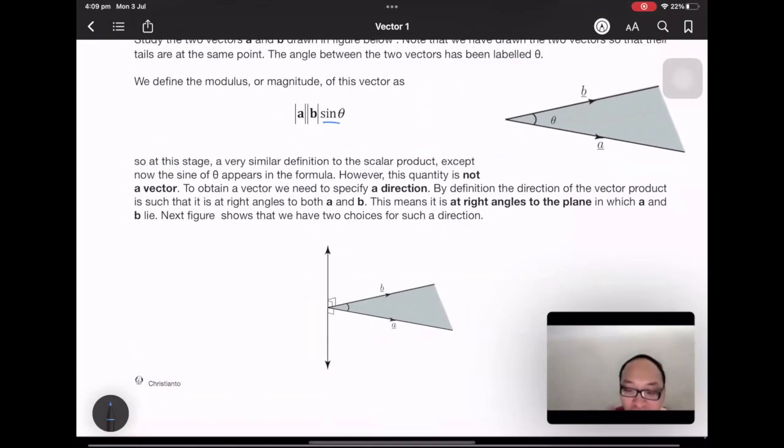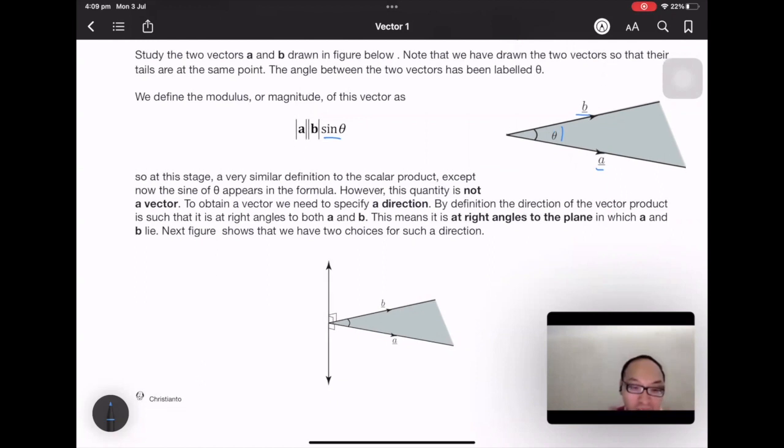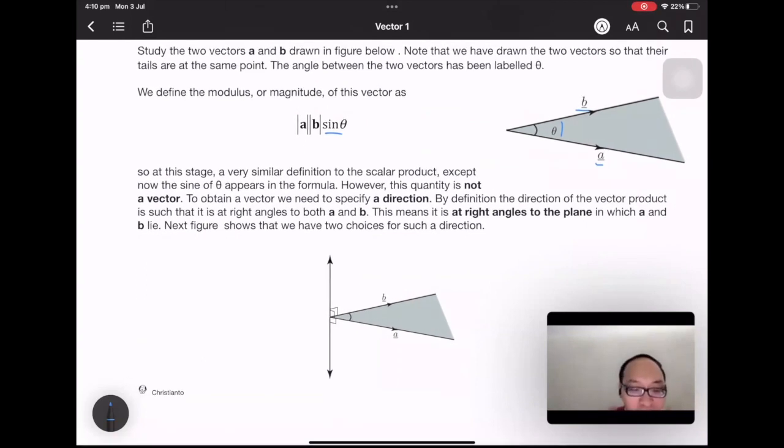For example, we have vector A and vector B, and an angle between them. So we can find the cross product from A to B, so A cross B. A cross B as defined so far is a scalar, not a vector. But to make it a vector, we can multiply it by a vector.